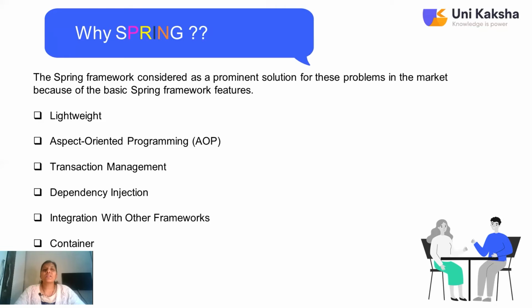The next feature is AOP, aspect oriented programming, which is a very important factor of any framework. It allows developers to develop applications in such a way that the business logic can be separated from system services. As the name indicates, it uses aspects in programming.